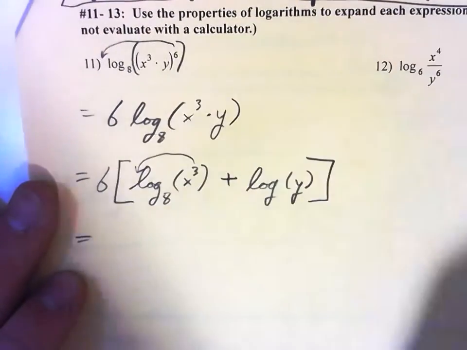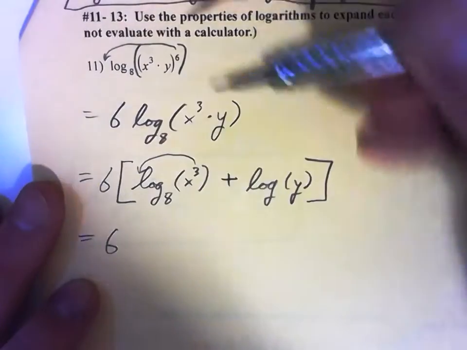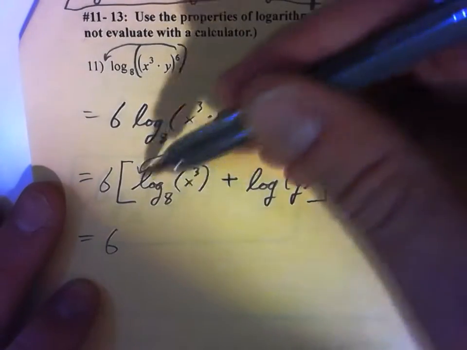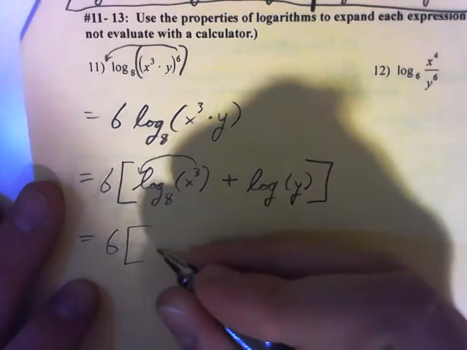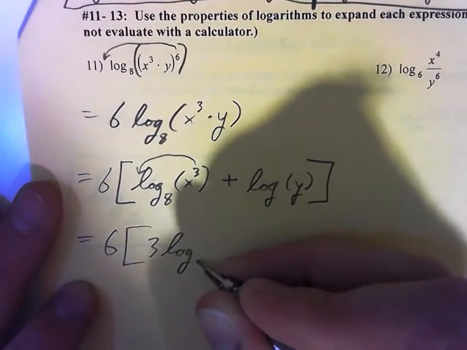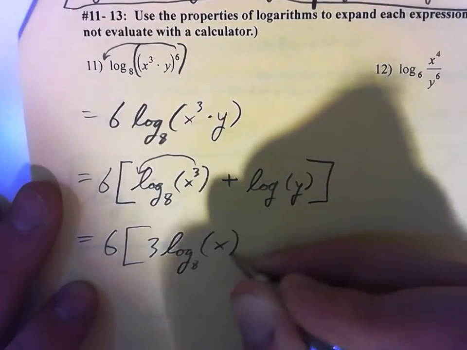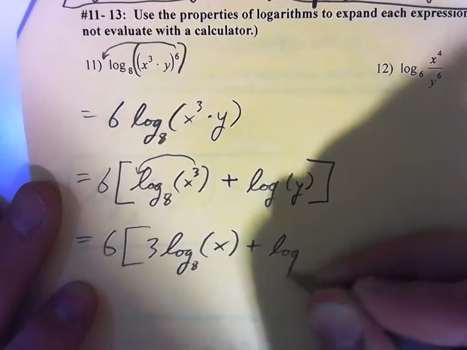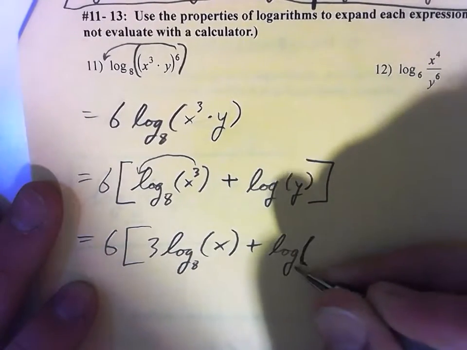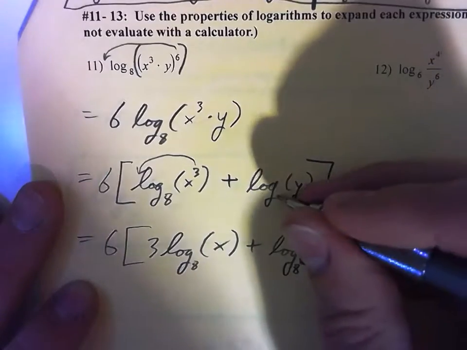Power property, again, like we did with the 6 at the beginning, we're going to do it just with this log, and it's going to become 3 log base 8 of x plus log base 8 of y.